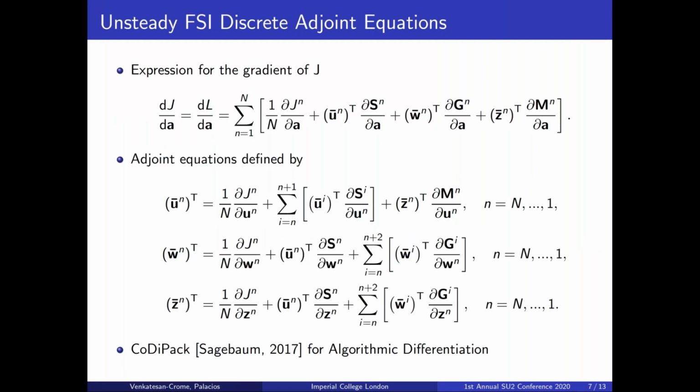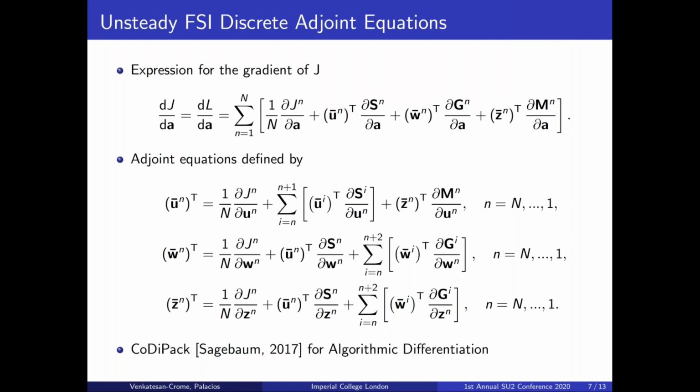If we take the Lagrangian of this problem and rearrange the variables in a typical fashion to remove the need to calculate the total derivatives with respect to the state variables, we find the expressions we need for the gradient of the objective function with respect to the design variables, along with the adjoint equations.